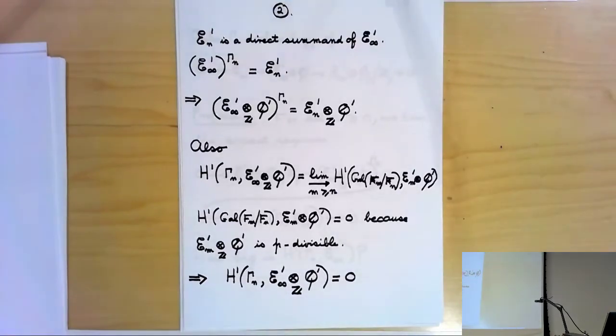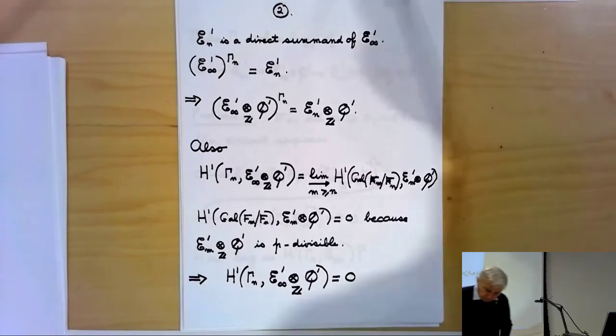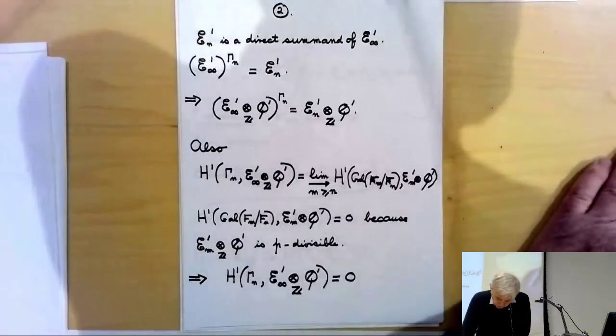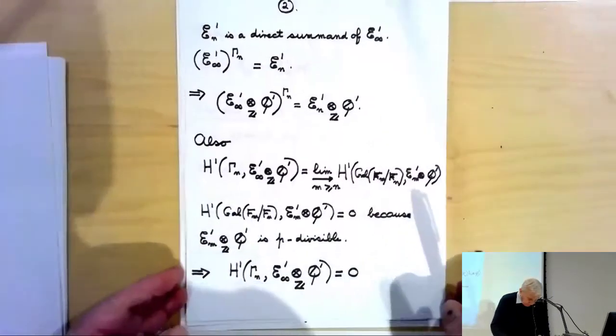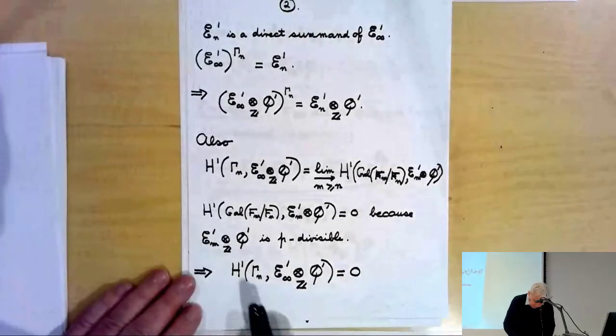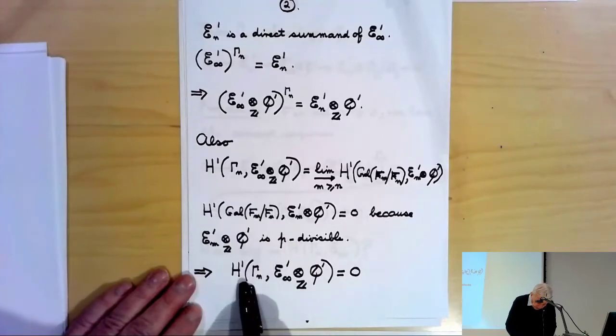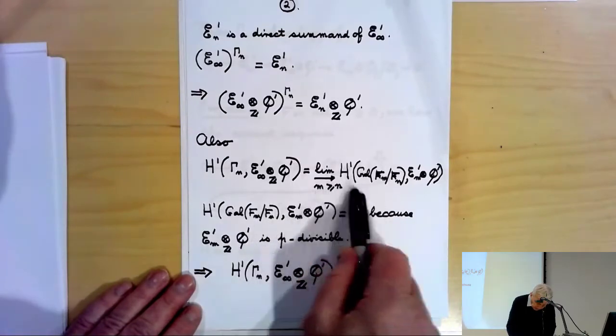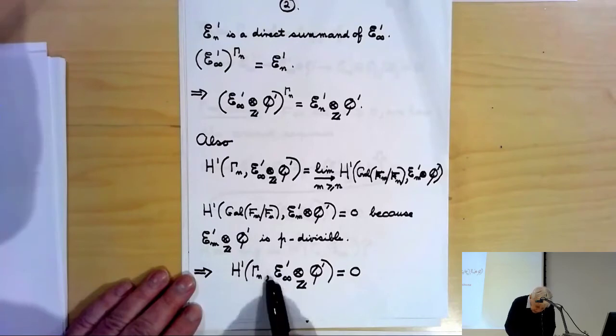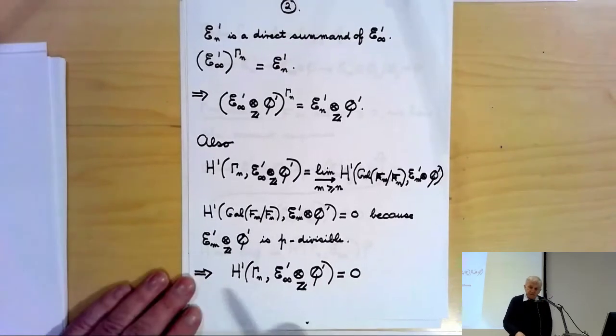Remember, Q prime are the rational numbers with the power of p in the denominator. So this group is both finite and p-divisible, so it must be zero. And of course, then we have that for every m, and so we get that the H^1 of Gamma_n acting on this group is zero.